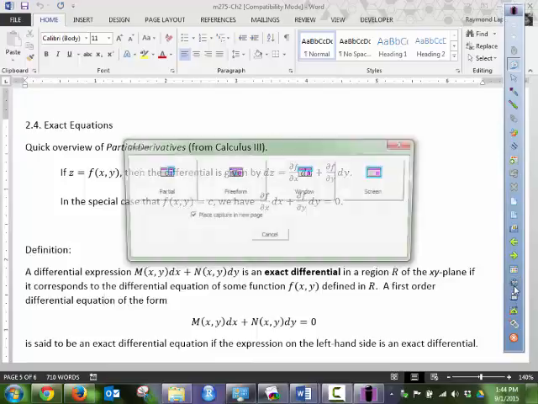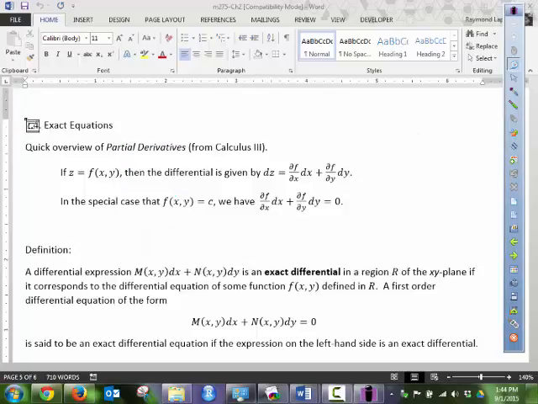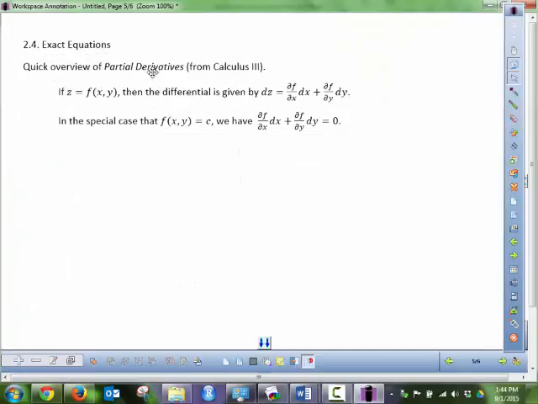So if you've taken Calc 3 before, and I did mention this, that we're not going to do partial differential equations, but we do need to know a little bit about partial derivatives, and it's a simple concept where one of the variables is fixed, and then you take the derivative with respect to the other variable.